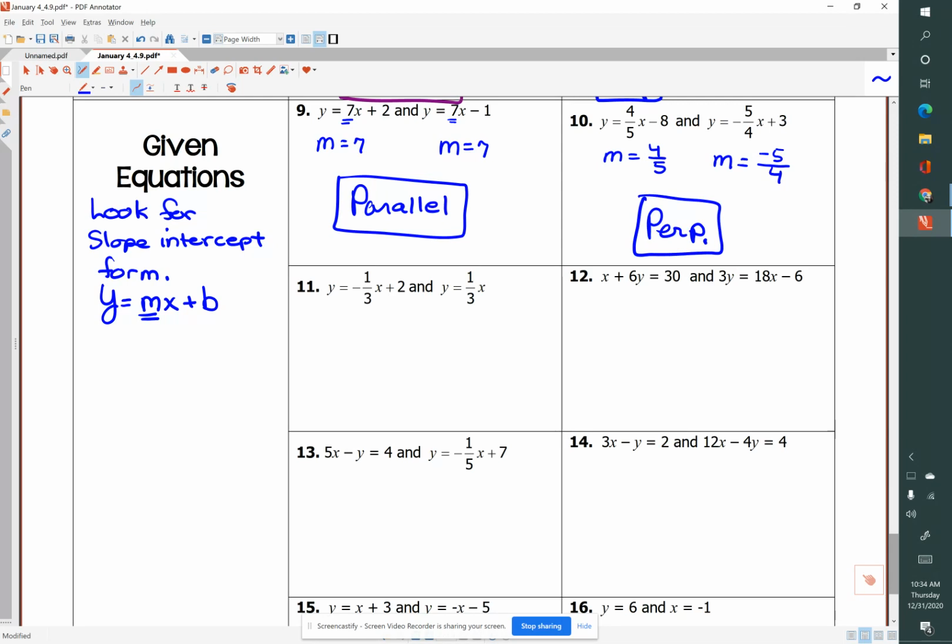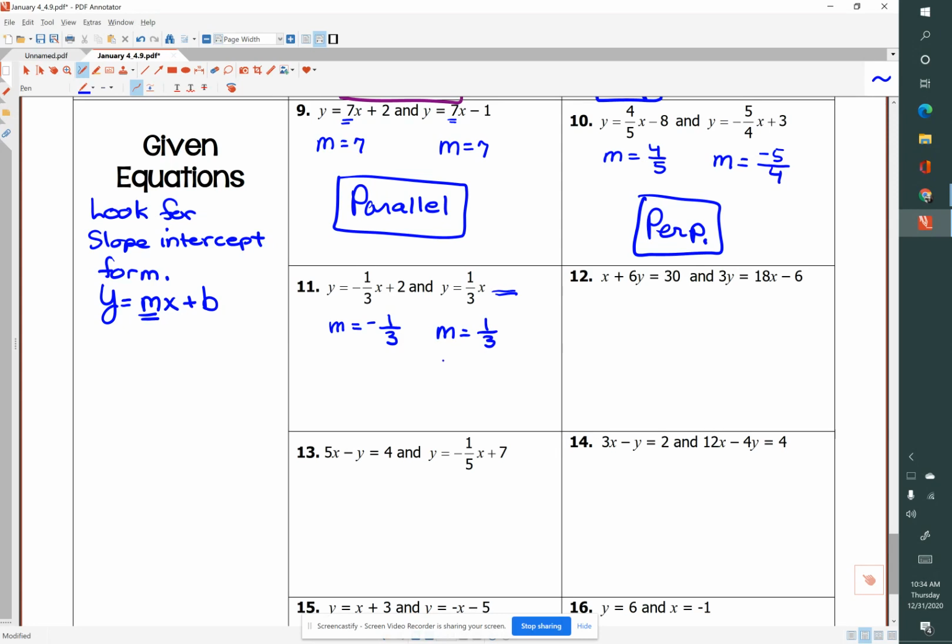Now, let's look at number 11. We have y equals negative 1/3 x plus 2. The slope is negative 1/3. In the second equation, even though we don't have a b value here, it's still slope-intercept form, y equals 1/3 x, so our slope is 1/3.